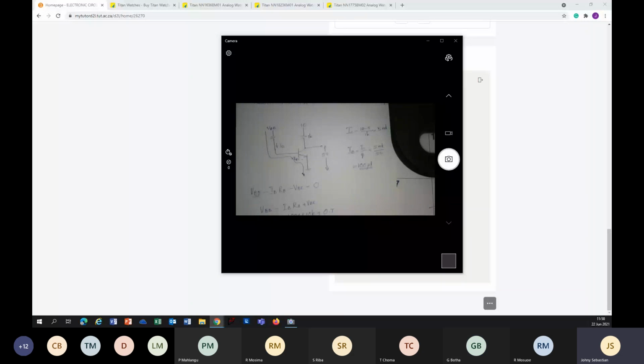Hundred micro is 0.1 milli. 10 times 0.1 is 1. This is 1.7 volt. Am I right? You can verify.